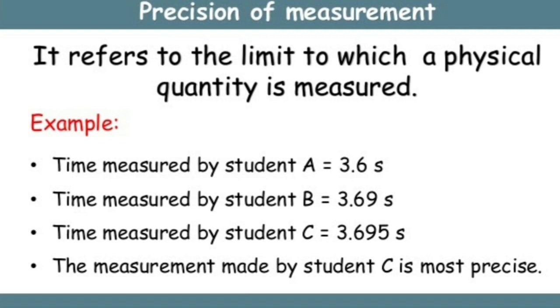Now, what is the relevance of significant figures? See, significant figures refers to the limit to which a physical quantity is measured. Here itself we can explain that. In the time measured by student A, 3.6, the number of significant figures is 2.